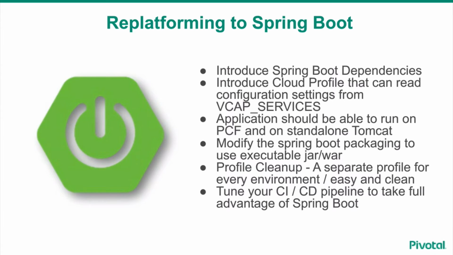Cloud Foundry uses an environment variable called VCAP_SERVICES to exchange connection information, credentials, and configuration between the Cloud Foundry system and the container or virtual machine that your app is running in. That's the exchange point. Your application should also be able to run on PCF and on standalone Tomcat. Ideally you'd be able to run it in either place, right?